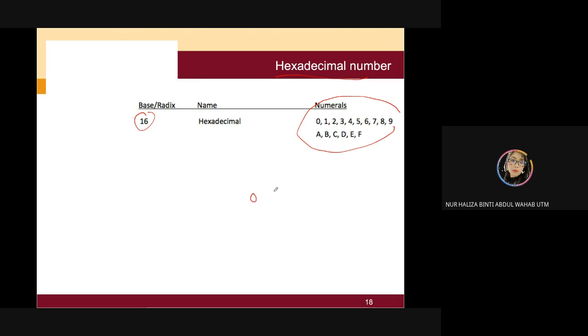You will have 0 until 9, and then it will start with A until F. There is no way of calling it 10, 11, 12, 13, 14, 15. Instead, the value 10 is represented as A, 11 as B, 12 as C, 13 as D, 14 as E, and then 15 is F. Okay, so this is the representation.